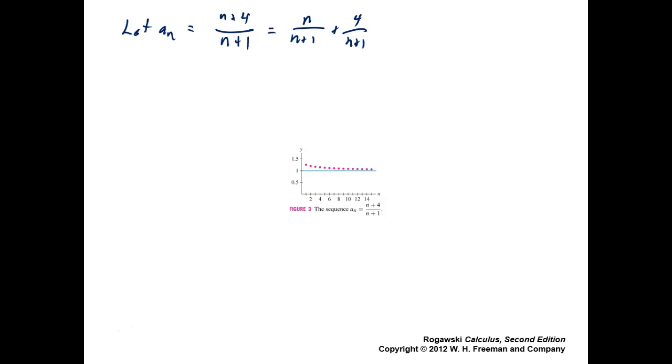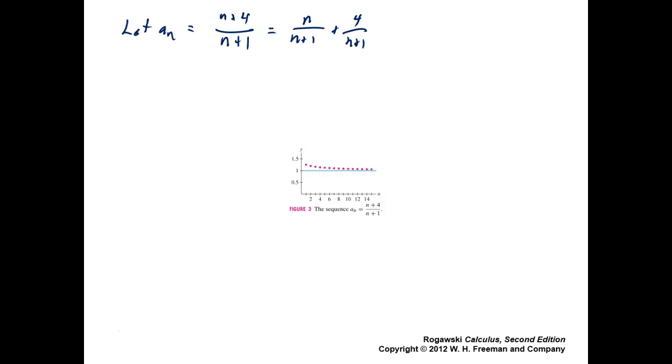That has a limit, okay? You can start with 0: 0 over 1, 1 over 2, 2 over 3, 3 over 4, 4 over 5, 5 over 6, 6 over 7. What's that heading toward?